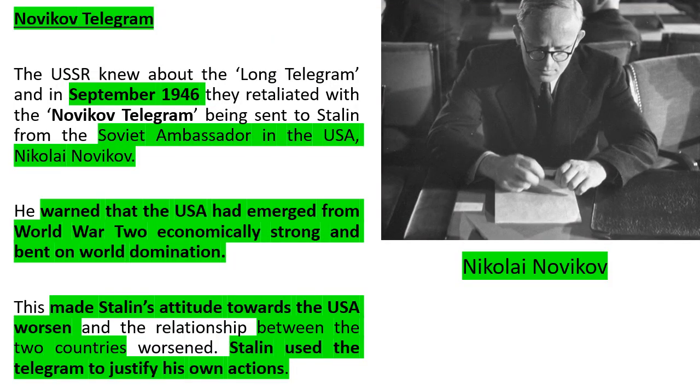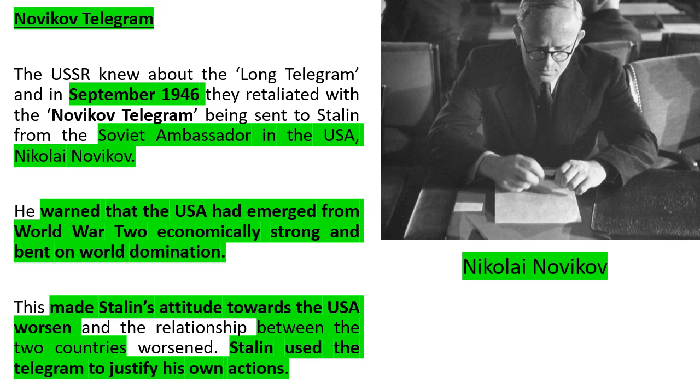In return, Nikolai Novikov, he was the Soviet ambassador, so the person that represented the Soviet Union in America, in Washington. He wrote his own telegram to Stalin in September 1946, pretty much saying the same thing. We've got to watch out for the USA. They're very strong. They've got a big military.